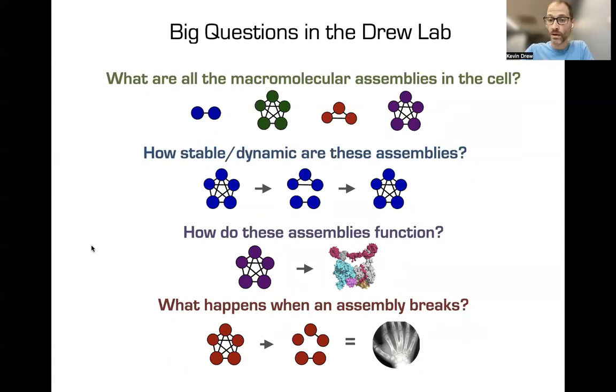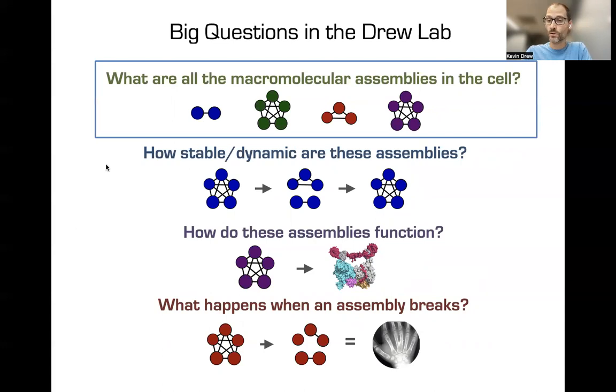How stable and dynamic are these assemblies? How do these assemblies function? And what happens when these assemblies break? So if we disrupt these assemblies, what kind of diseases are caused by these? So today I'm just going to talk about this first question. What are all these macromolecular assemblies in the cell?